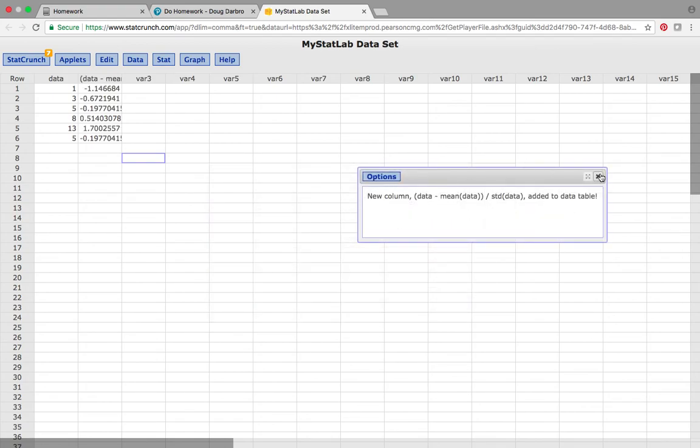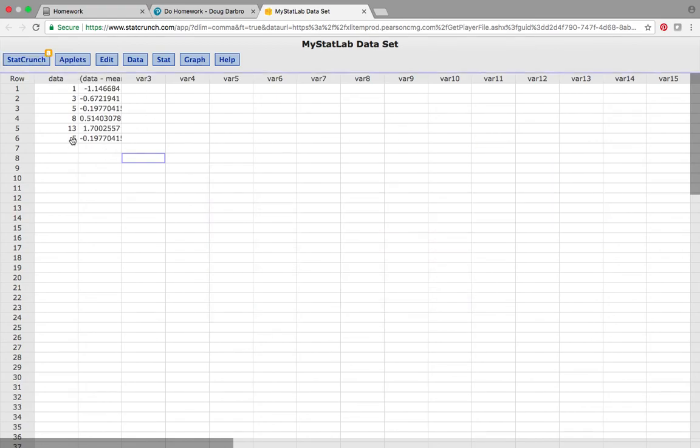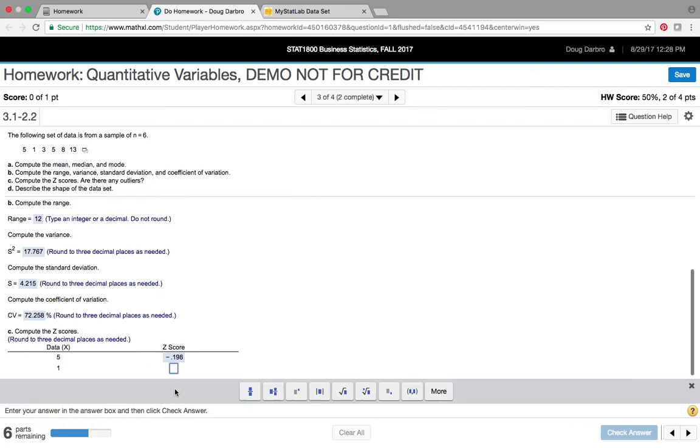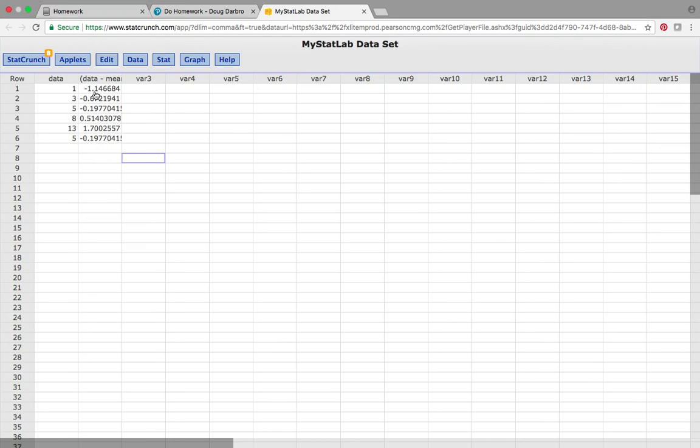Now, you'll see that I have my values. So the 5 was negative 1.98, which you can see I put there. Now I need to find the value for 1. That would be negative 1.147.